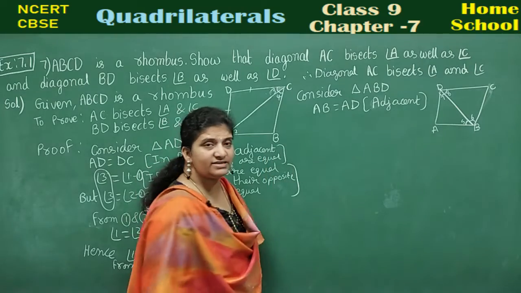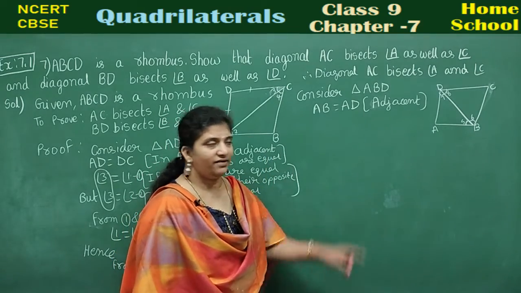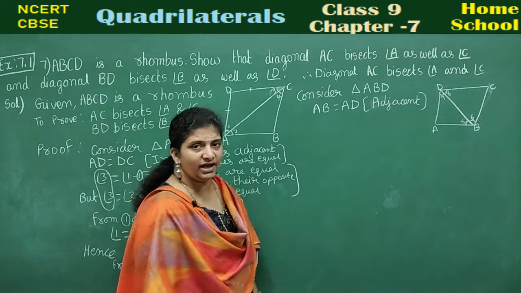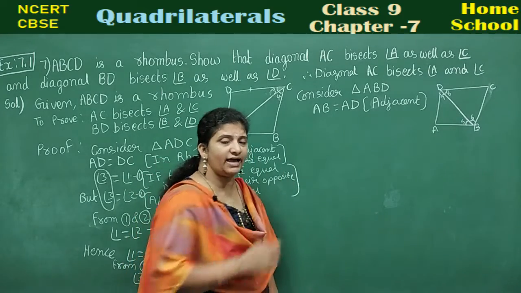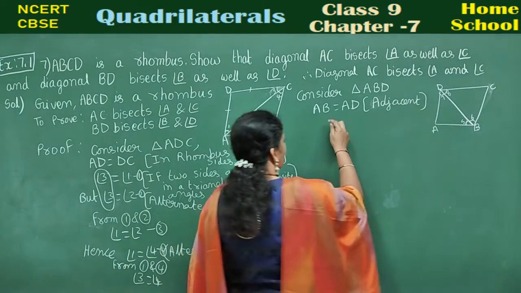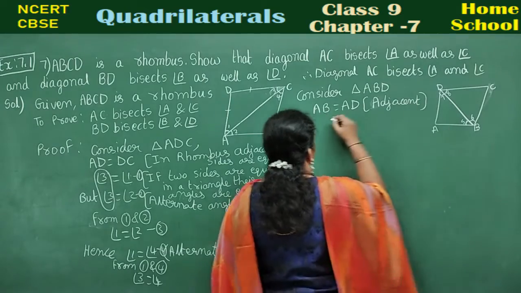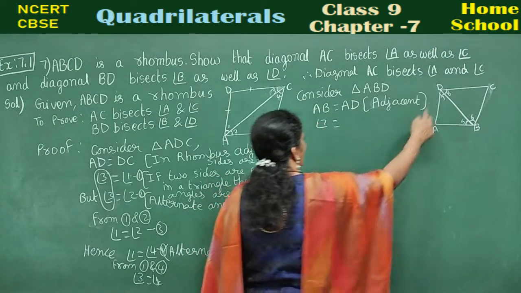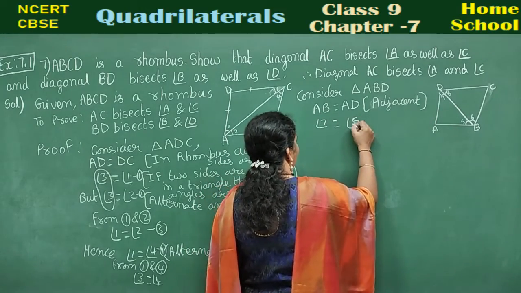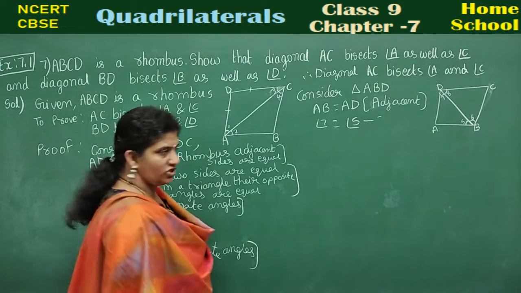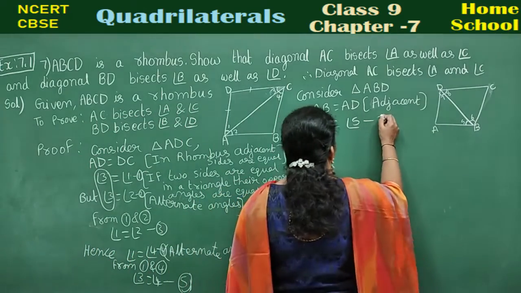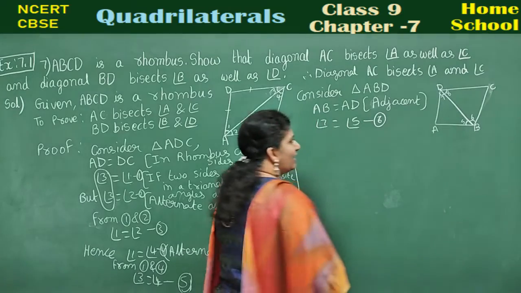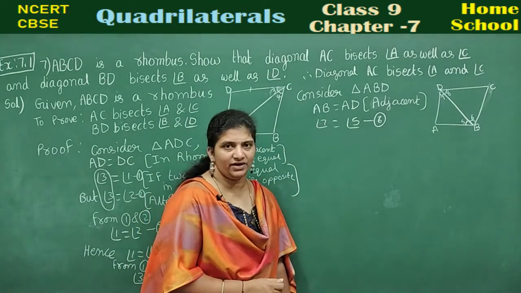If these two sides are equal in a triangle, their opposite angles are equal. That means AB opposite angle is angle 7, AD opposite angle is angle 5. Mark this one 5 children and mark this 6. Angle 7 is equal to angle 5.